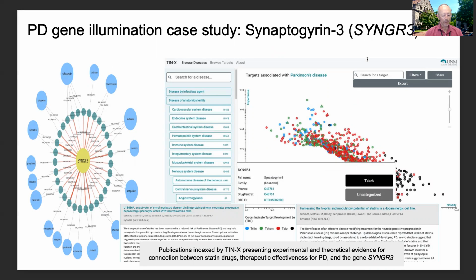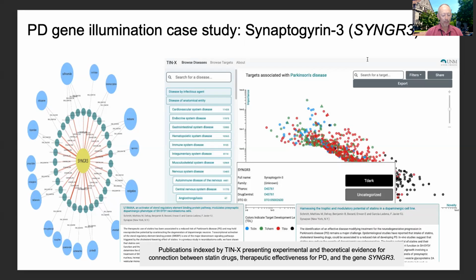Parkinson's disease continues to inflict severe harm on human health and resist traditional research approaches. Parkinson's is complex in its polygenic etiology and in its clinical presentation and progression. Parkinson drugs were the analysis starting points, and associated genes were evaluated as target hypotheses. Specifically, IDG resource TIN-X, Target Importance and Novelty Explorer, was used to rank and filter the results. TIN-X is a bibliometric tool defining importance and novelty from mentions and co-mentions of diseases and genes in the PubMed literature.